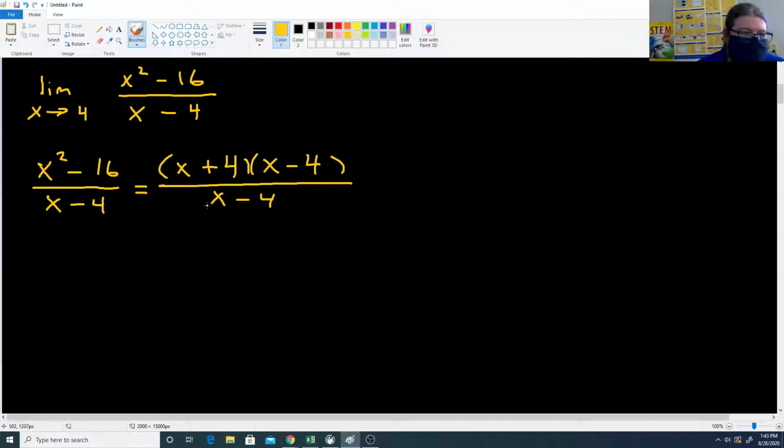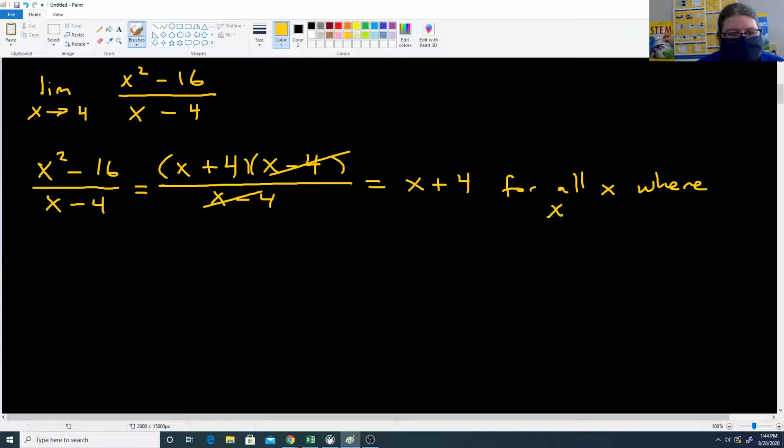And we'll see that the x minus 4 cancels, and so this equals x plus 4 for all x where x is not equal to positive 4.